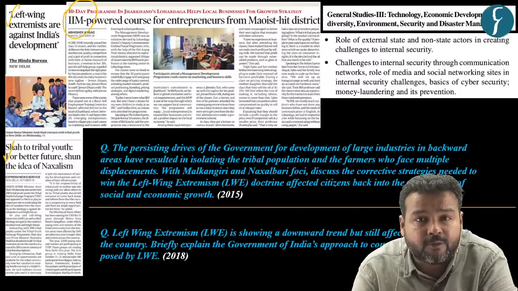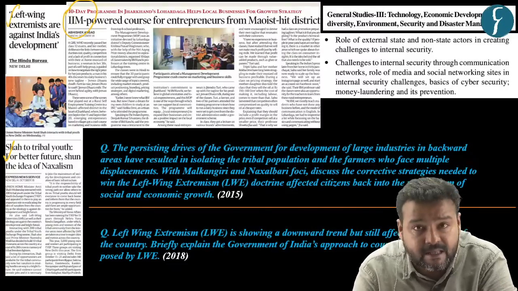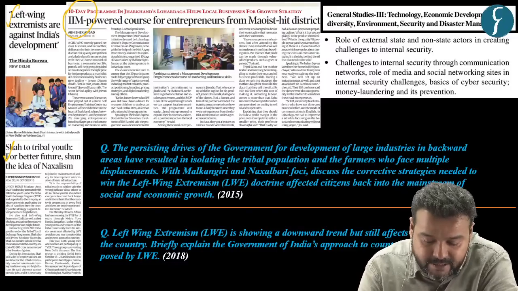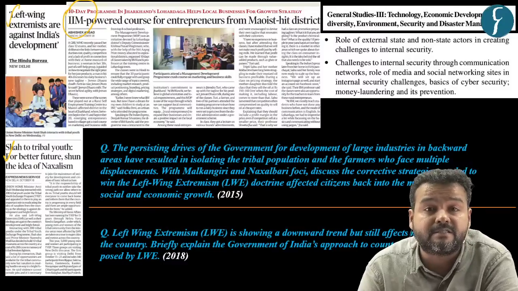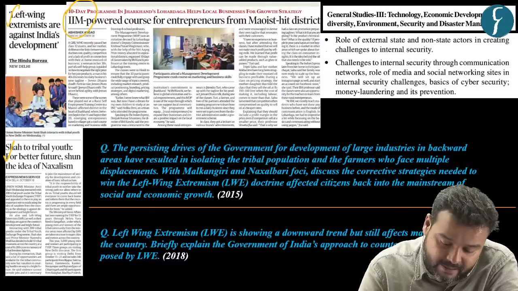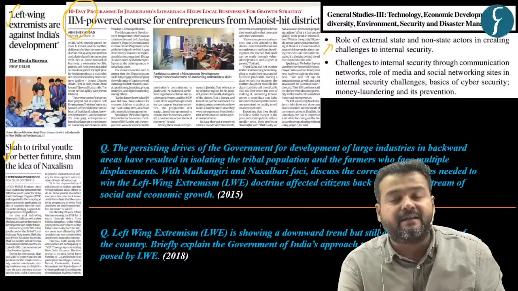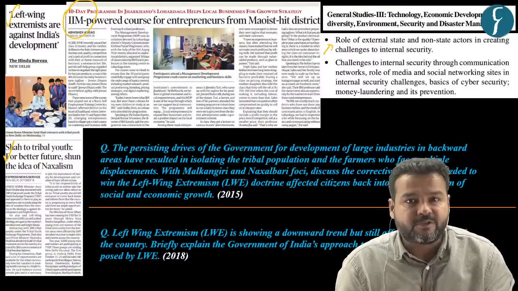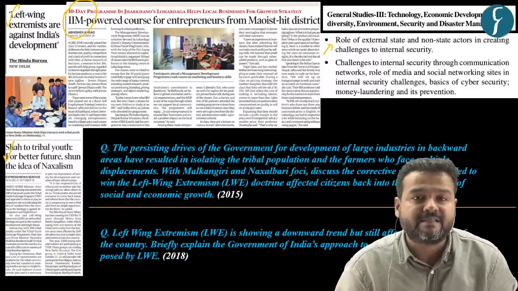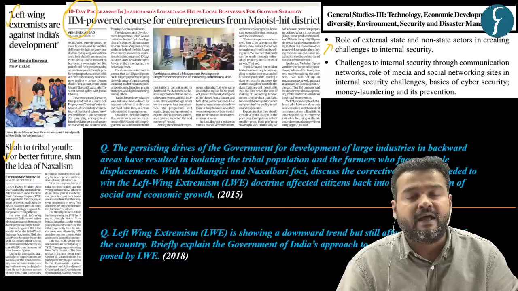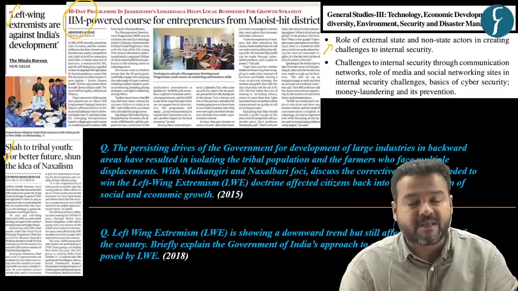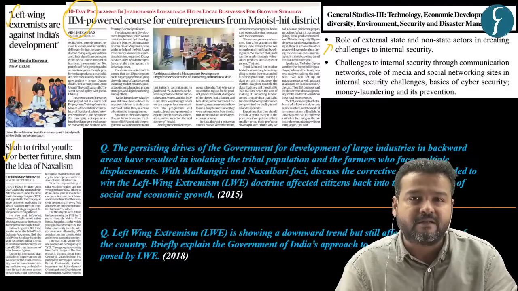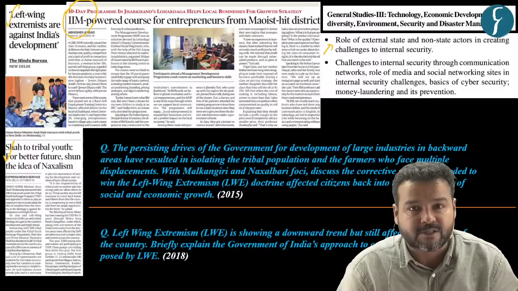Now, taking a cue from your GS paper 3 syllabus, the role of external state and non-state actors in creating challenges in internal security has been mentioned, and you might be aware of the fact that there are developed and proven facts that the forces behind Naxalism are being funded and provided with arms and ammunition by external factors, non-state actors also.